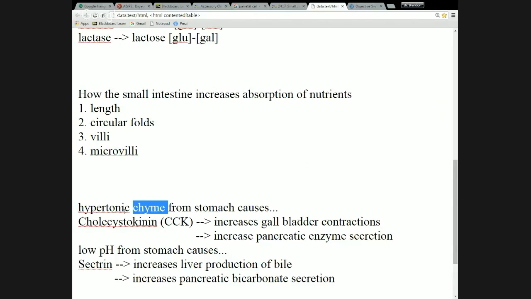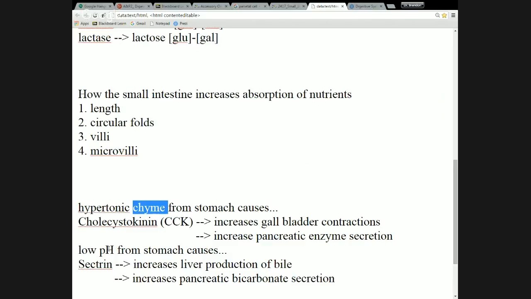When it's hypertonic, that means it has a high concentration of nutrient molecules dissolved in it. So when there's a lot of molecules moving on from the stomach into the small intestine, it causes cholecystokinin to be released, which has those effects on the gallbladder and the pancreas.